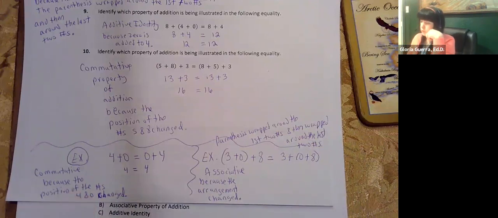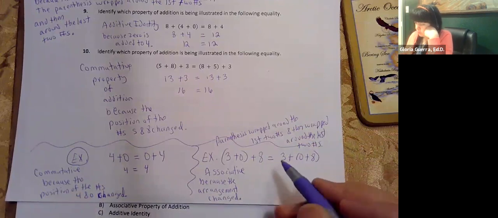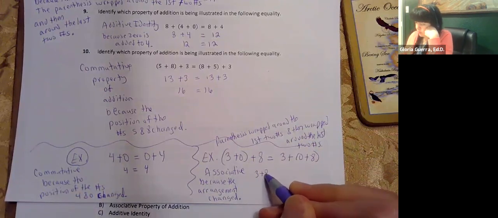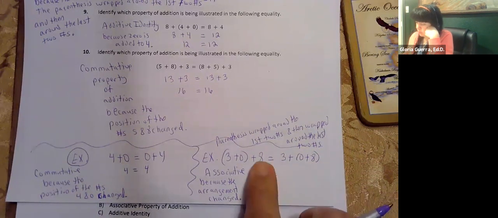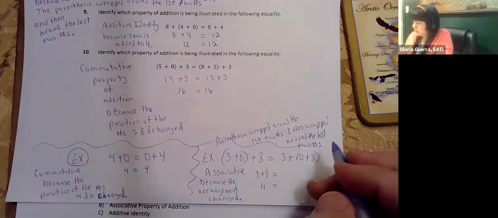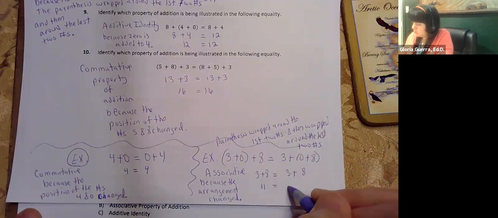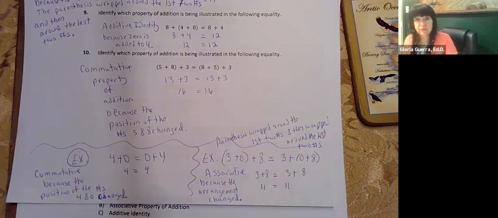Okay. So then if I do a check, 3 plus 0 is 3, 3 plus 8 is 11. So I work down vertically on the left side. On the right side, 3 plus 0 plus 8 is 8. 8 plus 3 is 11. See, 11 equals 11. Okay.